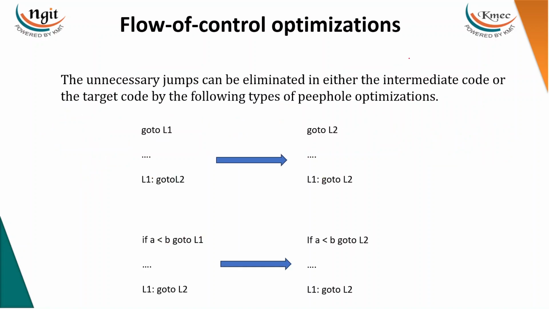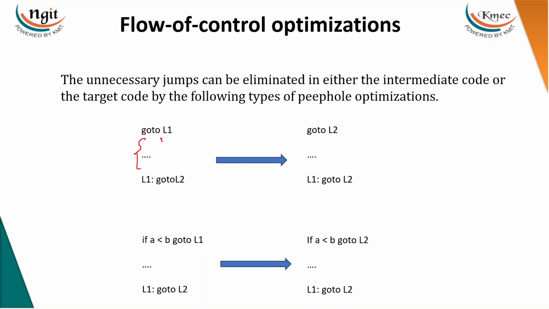Then the next one is flow of control optimization. Sometimes we need to perform some unnecessary jumps. For example, see this, go to L1 and then from L1 we are going to L2. If we are not executing this code in between, then we are going to L1, and because it is an unconditional jump, from there directly we are going to L2, right? So what is the need of doing that?